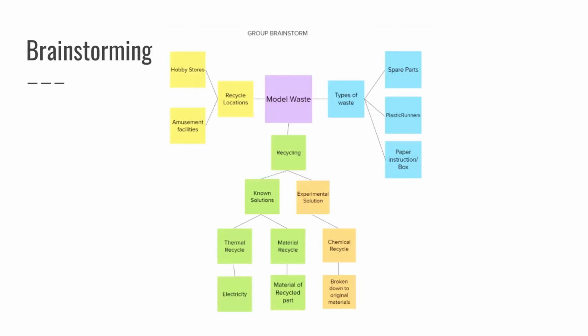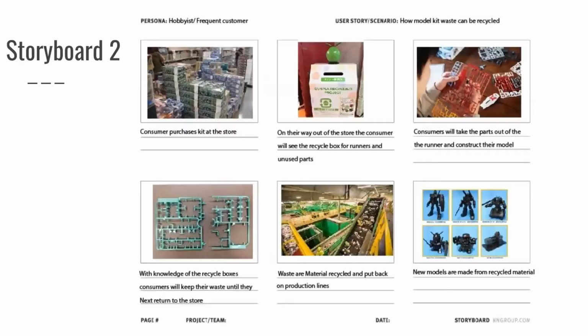Also, I relooked at the different types of waste, and I realized that there's also the instruction box as well as the instructions paper, which can be used to inform the audiences or consumers.